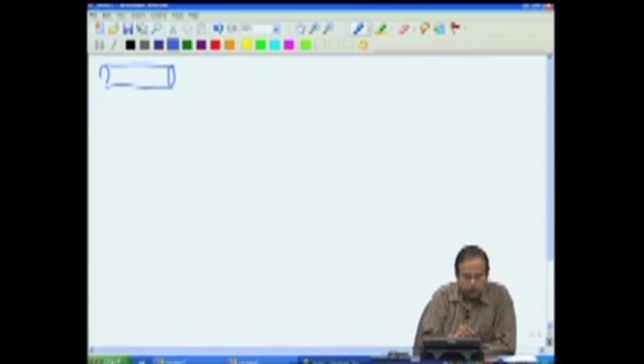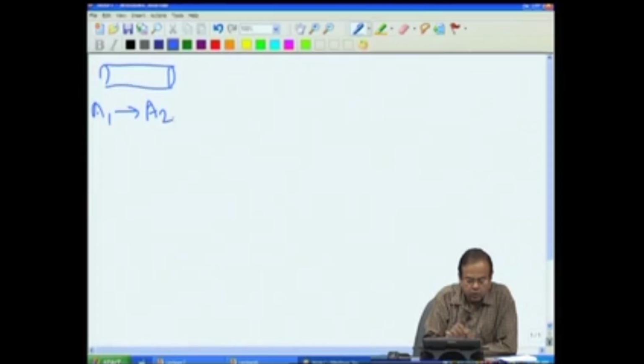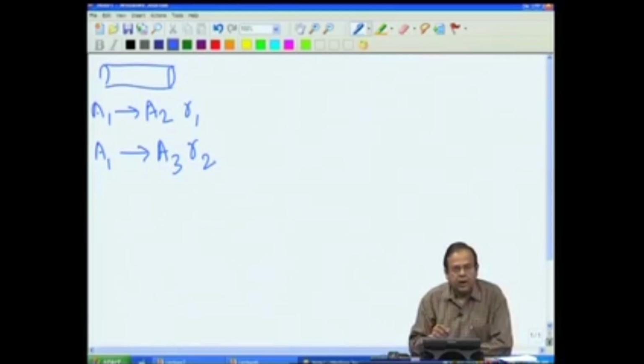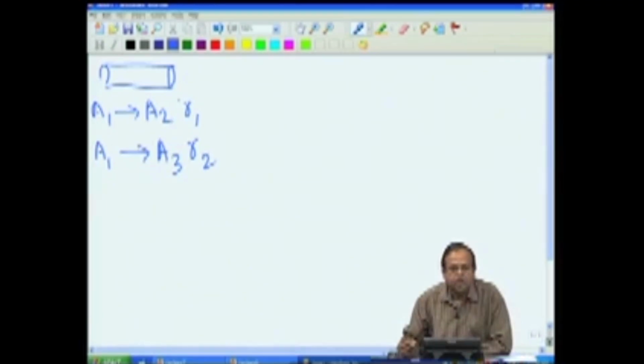We have a plug flow reactor in which these two reactions A1 going to A2 at a rate R1 and A1 going to A3 at a rate R2 are taking place, and our first reaction and the product is a desired product A2, but there is unfortunately an undesired product also coming into the picture.